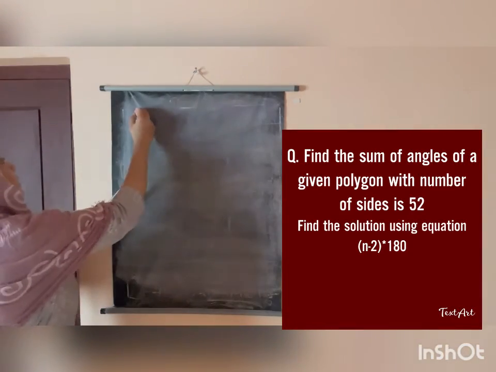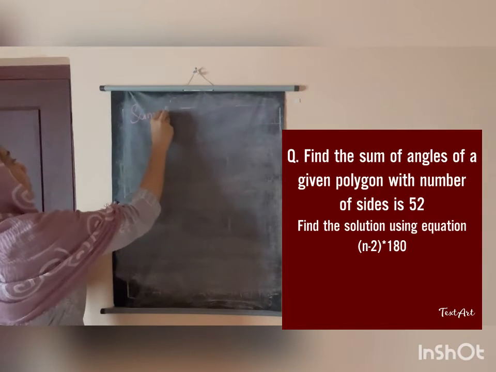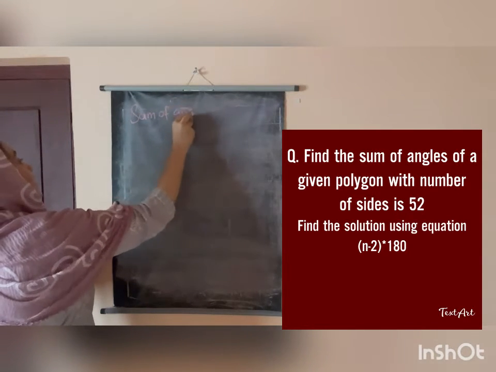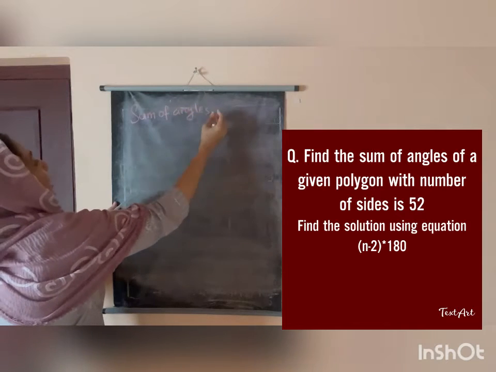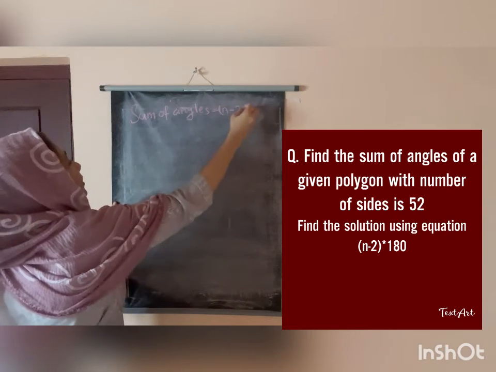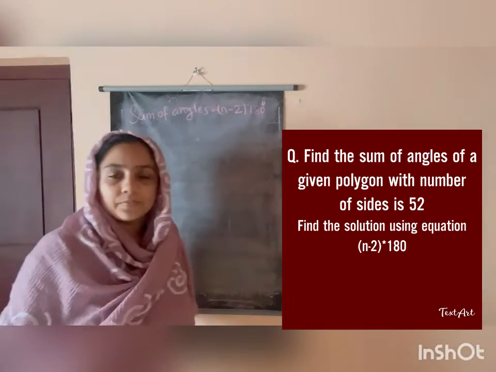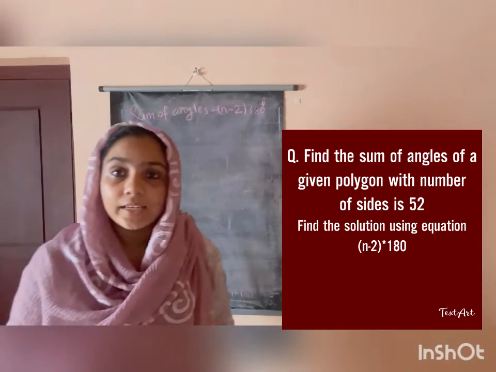Sum of angles is equal to how much? Sum of angles is equal to n minus 2 into 180 degrees. Very good. This is our equation. Using this equation, we need to find the answer.